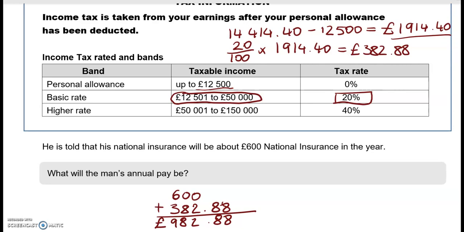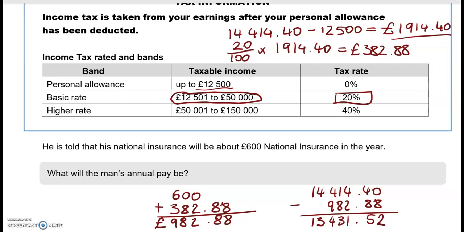So before tax, he was earning £14,414.40. Taking away the £982.88 leaves us with £13,431.52 that he takes home.